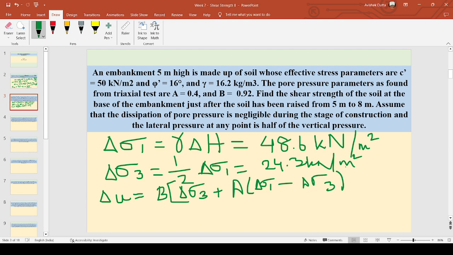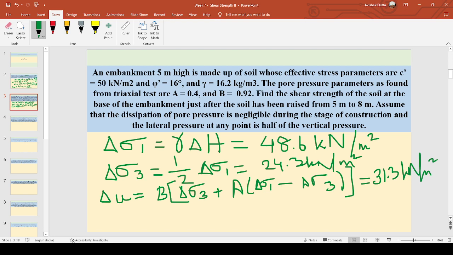We know A and B, del sigma 1 and del sigma 3. Putting them in this equation, we get the value approximately equal to 31.3 kilonewton per meter square.